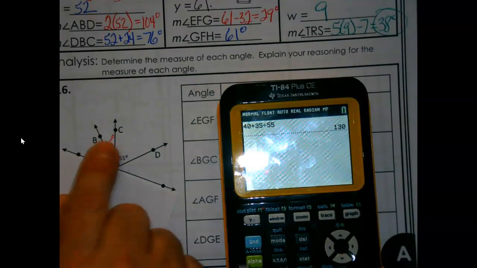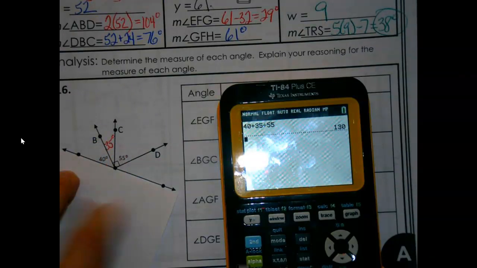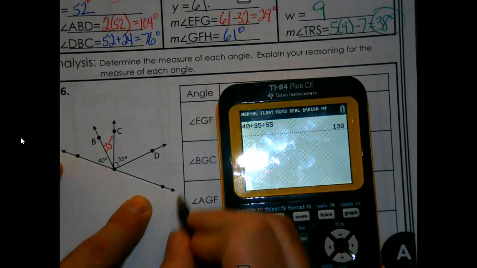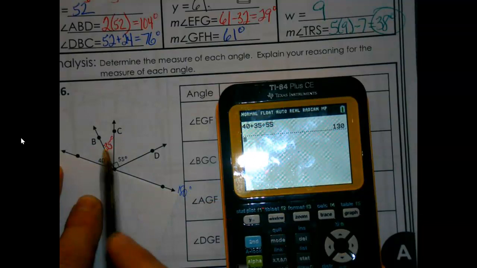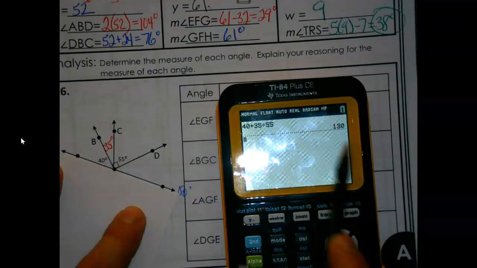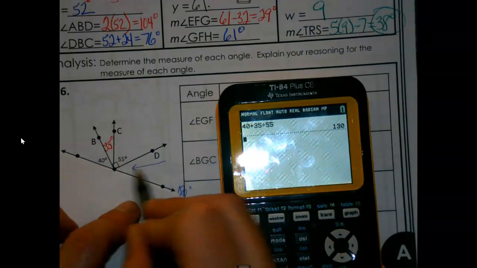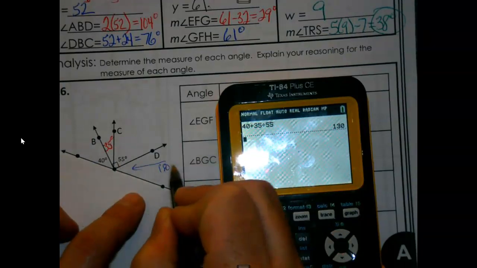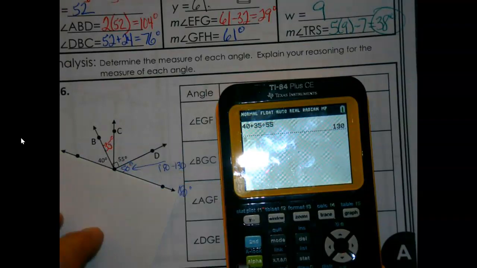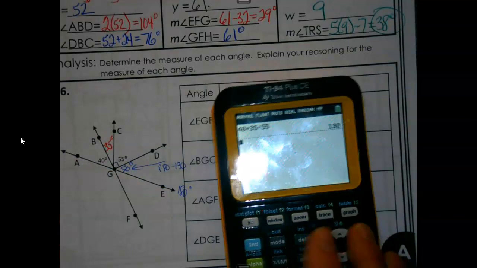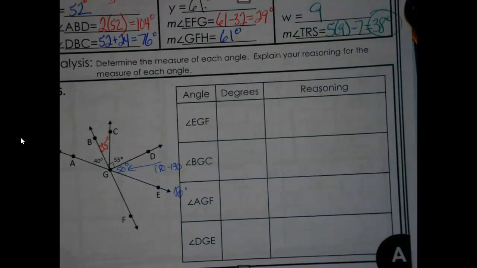If I take those 4 angles and I add them together, they're making a straight line. So this straight line, as we've seen before, is 180. So if those 3 are 130, this angle is going to be 180 minus 130. And I can just keep playing along.